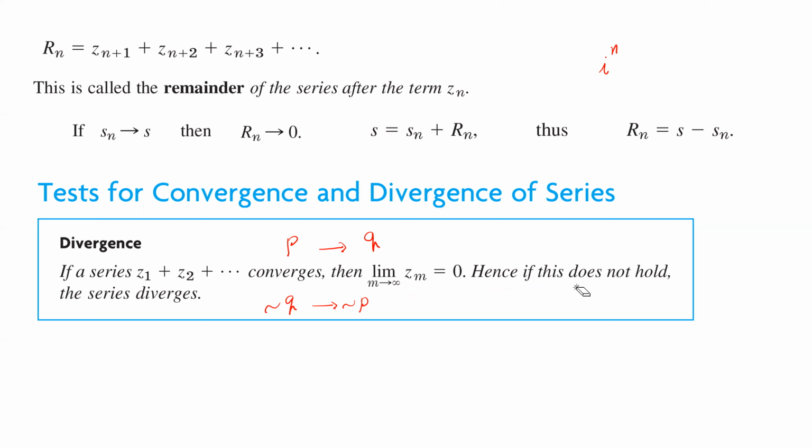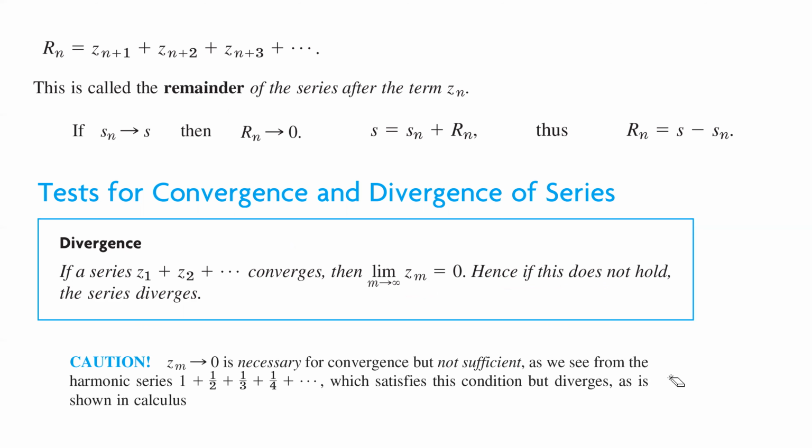All right. So a good example of when the Zm goes to 0 but the series diverges is the harmonic series. Remember, the harmonic series was 1 plus 1/2 plus 1/3. In general, the series of 1 over n diverges, even though 1 over n goes to 0 as n goes to infinity.